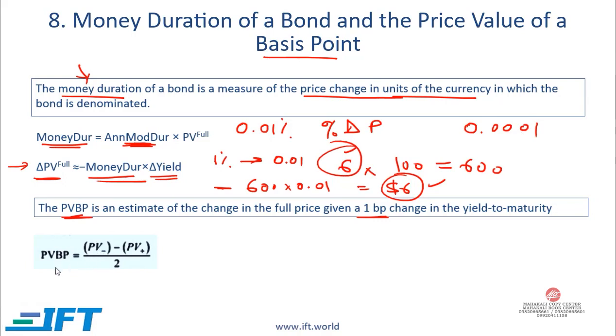The other is to use this formula where we say that the price value of a basis point is equal to the value of the bond if interest rates go down by 1 basis point, minus the value of the bond if interest rates go up by a basis point, divided by 2.